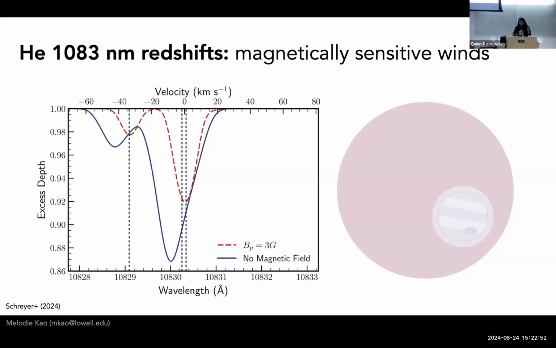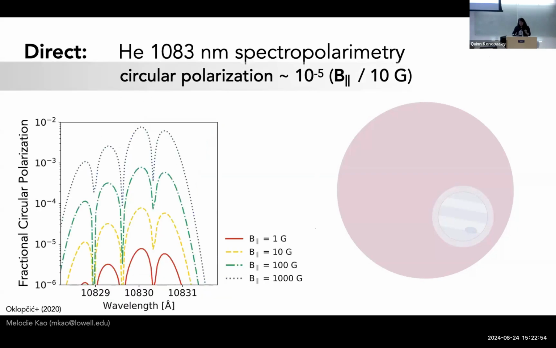So all of these so far are indirect methods, but I think one of the most promising methods out there, and a lot of teams are working on this, is trying to actually directly measure the circular polarization and the magnetic broadening in the helium-1083 nanometer line. This particular method was pioneered theoretically by Antonio Eclipcic, who's now at Amsterdam.